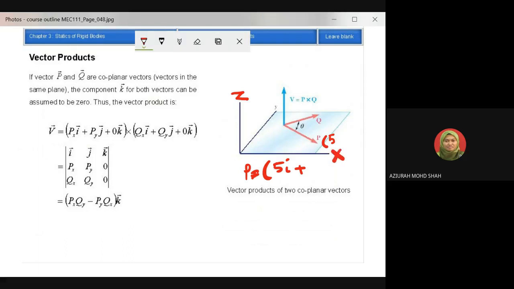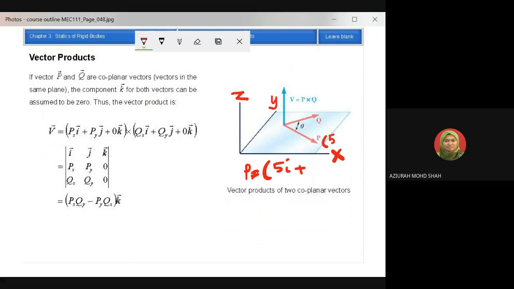Yang ni dia letak Z, ini dia letak X, ini dia letak Y. Okay. So kalau tadi kita pakai plane exact lah. So kita nampak direction dia pada Y. Tapi sekarang ni dia ambil plane dia adalah XY. So dia punya direction vector tu, cross product vector tu akan ada pada paksi Z.